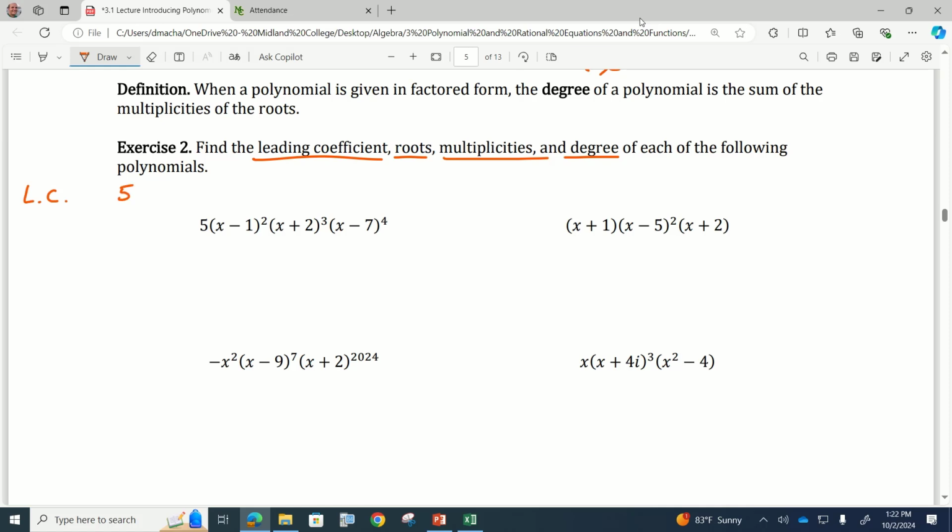What are the roots? 1, -2, +7. What are the multiplicities of these roots?